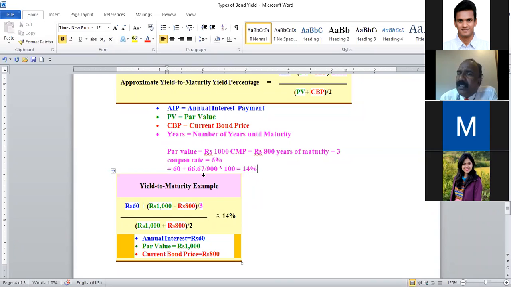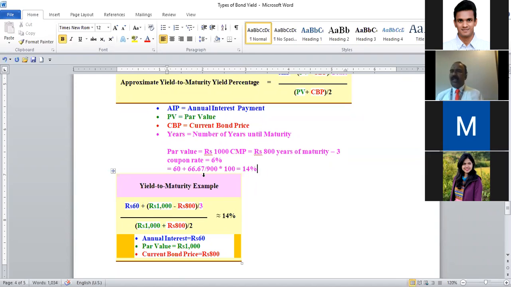So I repeat, if the question is compute YTM, use trial and error; if compute approximate YTM, use this equation. All of you got it? Yes, sir. That we will take up in the next session.